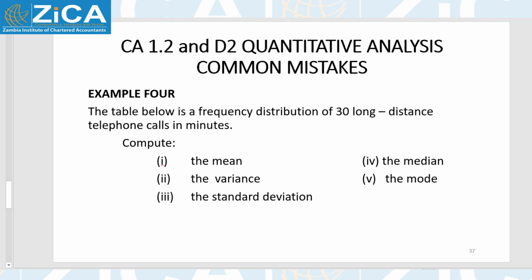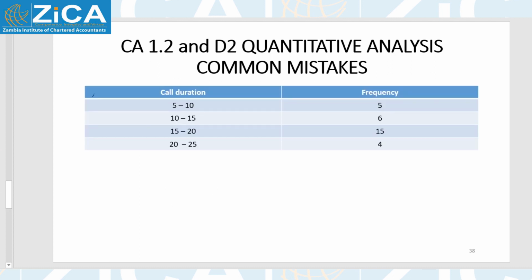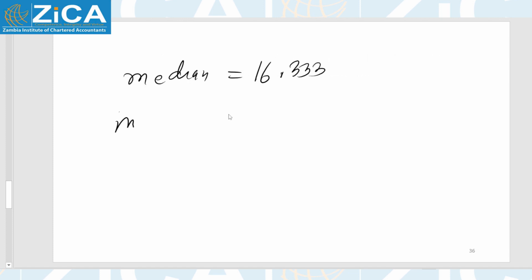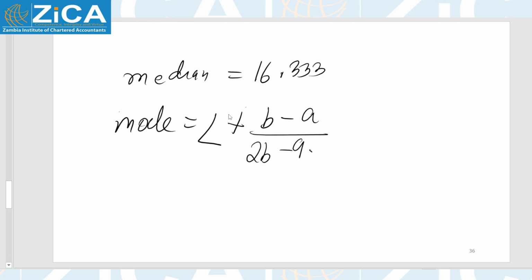The mode is the highest frequency. If you look again at the data which we are given, we ask ourselves, where is the mode? The mode will be equal to the lower class boundary plus b minus a over 2b minus a minus c, times the class width. The b is the highest frequency, the modal class interval. The L is the lower class boundary.